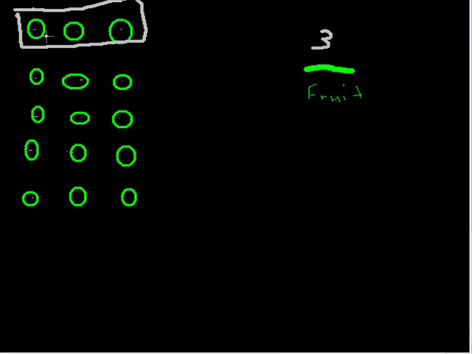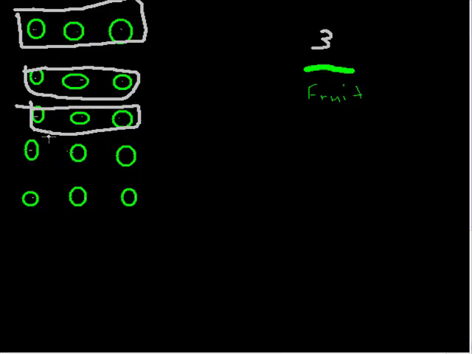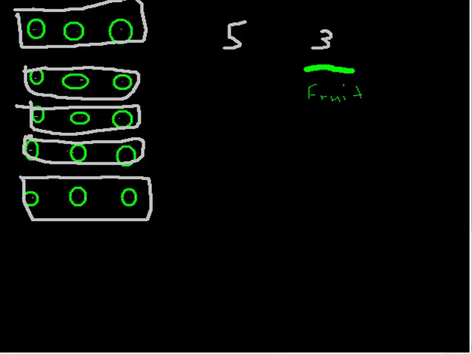Well, I have 1, 2, 3, 4, and 5 rows. And instead of boxes, this time we have rows.